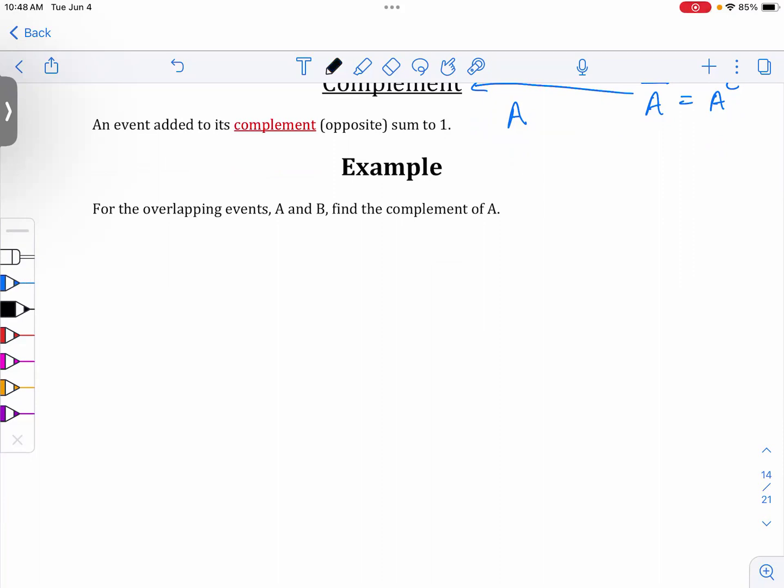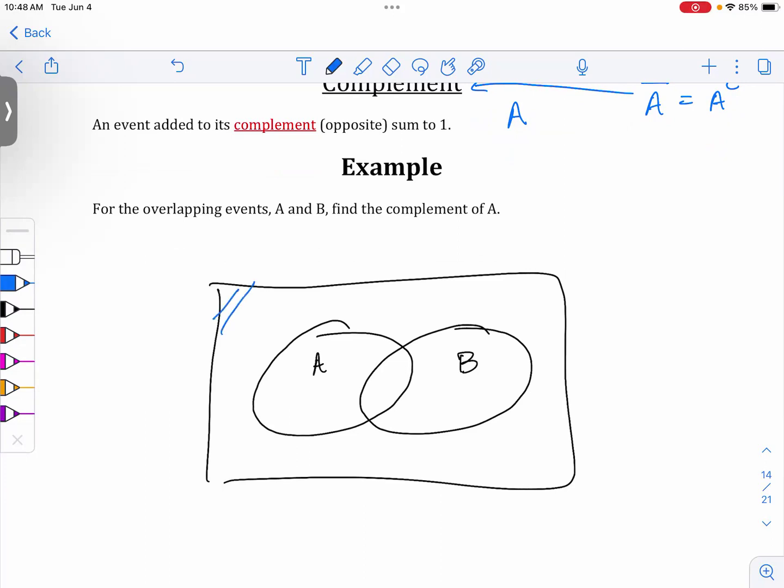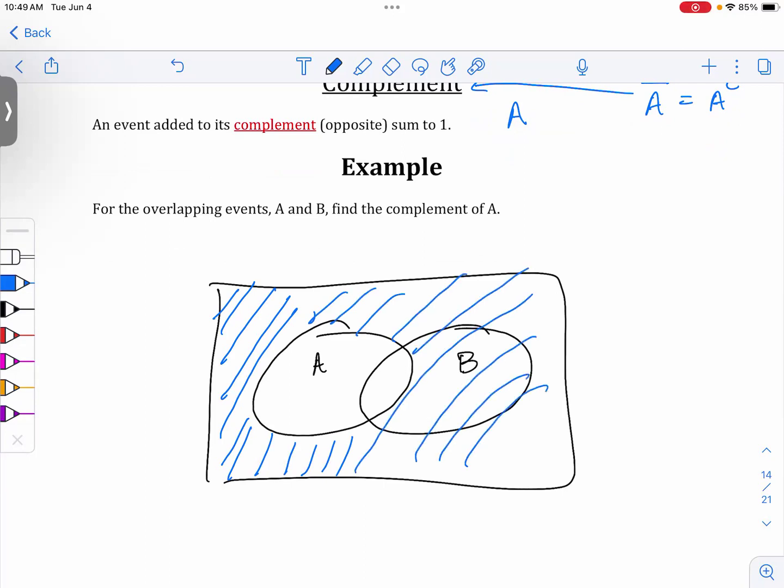And so for our Venn diagram, just to see a picture of that, if I have the events A and B and they're overlapping, and then I want to find the complement of A, that is everything not A. So if we're doing our cream and sugar example, if the event A is cream, that means I want my coffee with either only sugar or black.